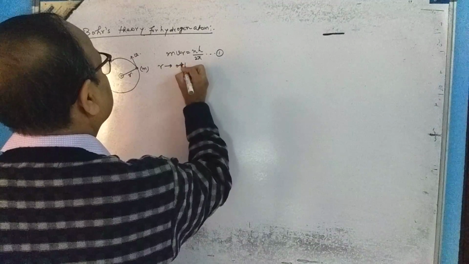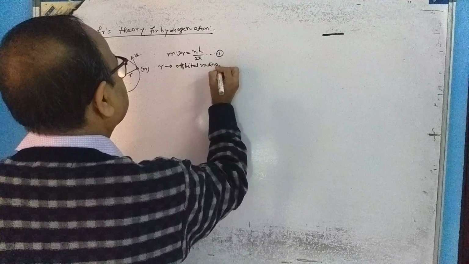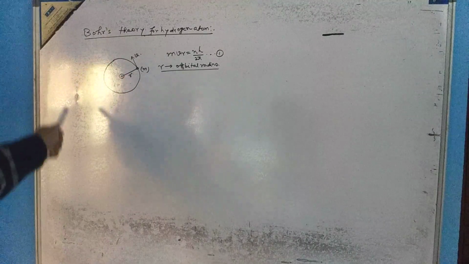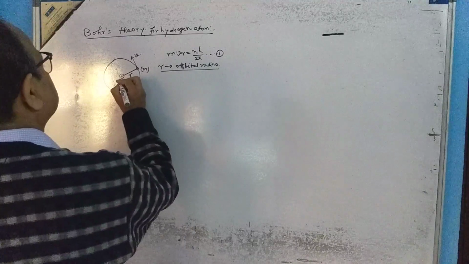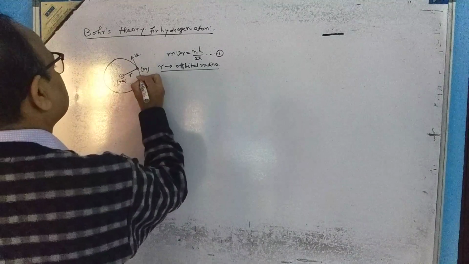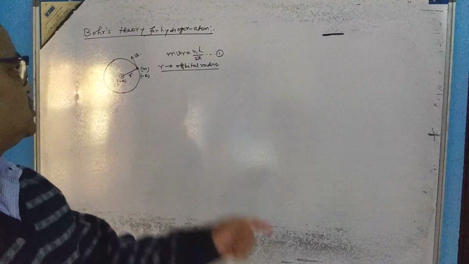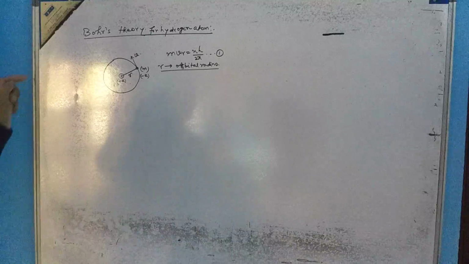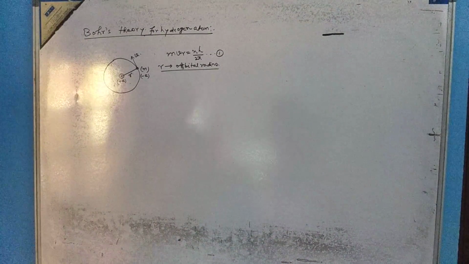Small r is the orbital radius. The electron is revolving around this. Obviously, the charge at the center is plus e and the charge of the electron is minus e, because in hydrogen there is only one proton and one electron. So plus e in the central core, in the nucleus, and minus e for the electron.